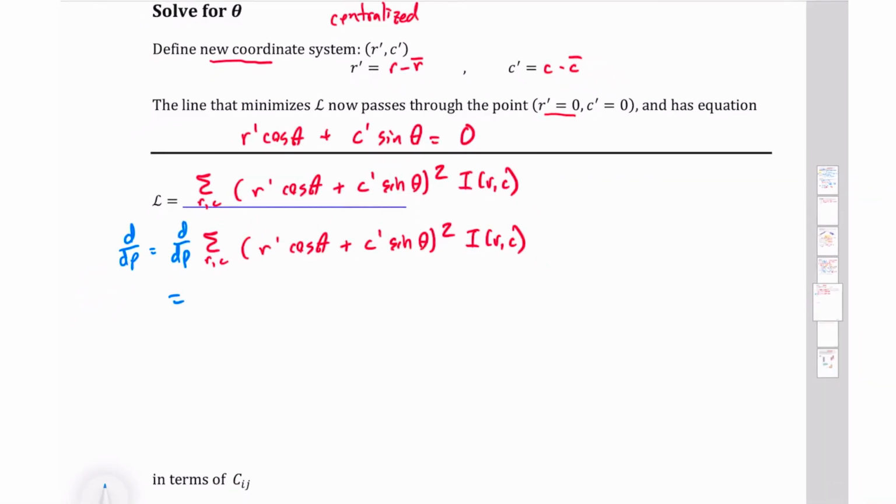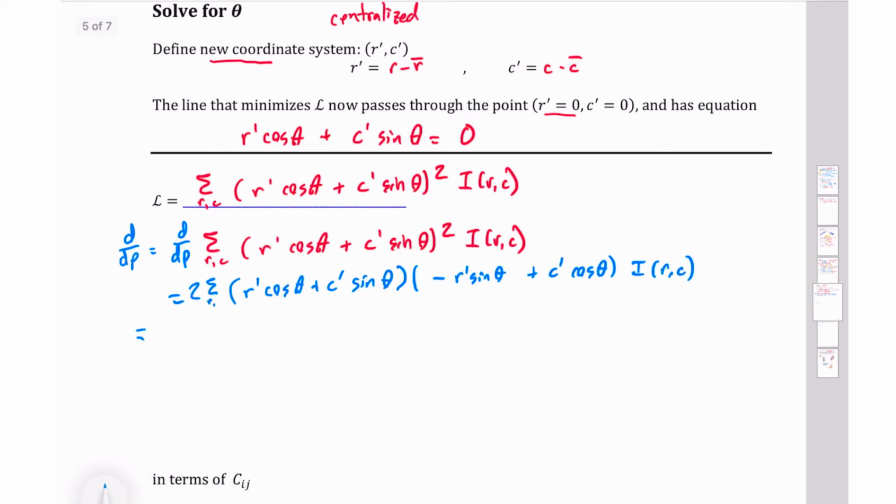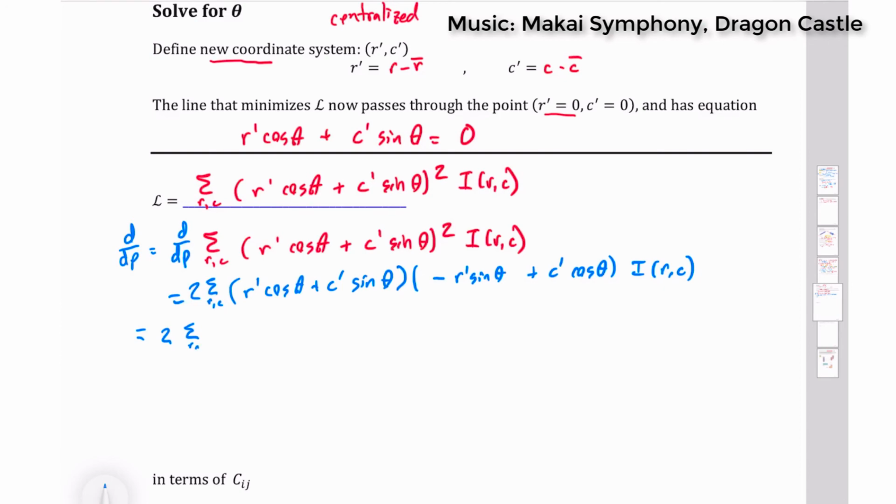So that is equal to 2 times my original quantity, r bar cosine theta plus c bar sine theta, times its derivative. So its derivative is going to be minus r bar sine theta plus c bar cosine theta. These are all times our indicator function. So now we have to multiply this out, and so we've got 2.